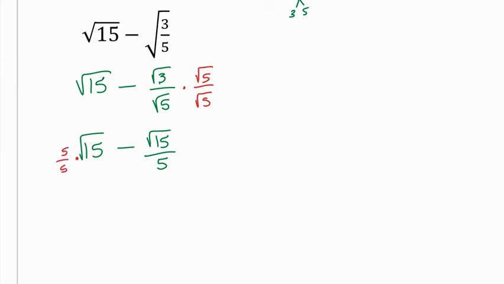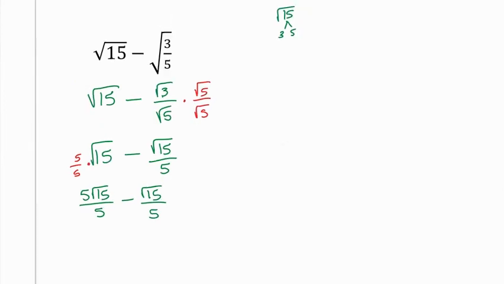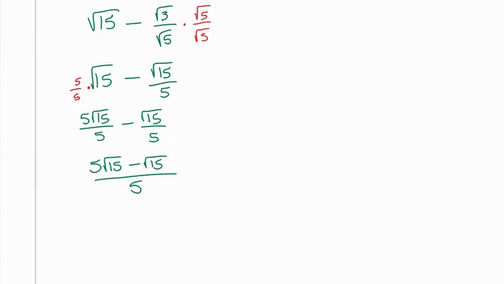Okay, so then on the top I would get 5 radical 15 over 5 minus radical 15 over 5. Now they have a common denominator and they have the same radical in the numerator, right? So if you wanted to, you could rewrite this all as one fraction, 5 radical 15 minus radical 15 all over 5.